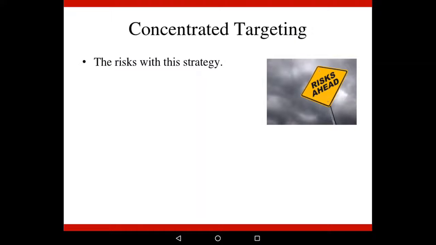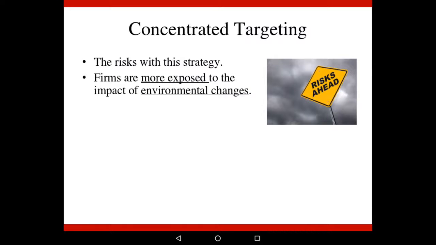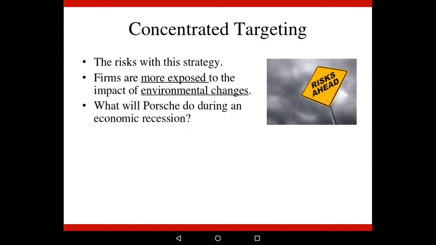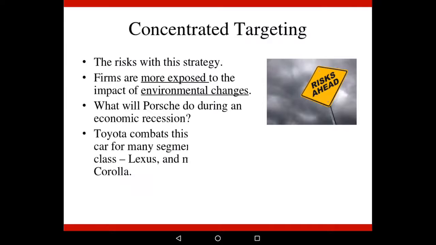Okay, so there are some risks with this strategy. You're more exposed to environmental changes. For example, if there's a recession, people will buy less expensive cars, so Porsche is going to struggle to make money during recession times. Toyota, on the other hand, combats this because they have different products for different segments.